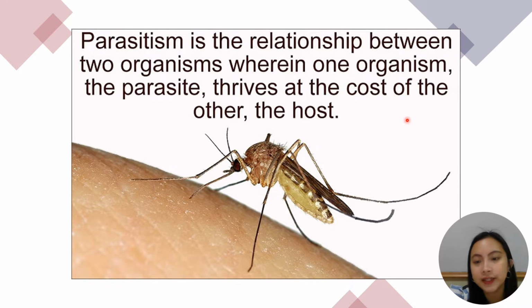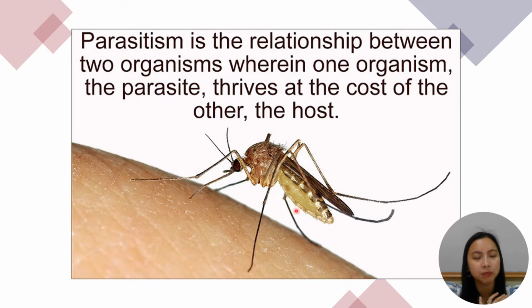One very easy example of parasitism is a mosquito biting humans. Remember that female mosquitoes feed on human or even animal blood, so they bite us through our skin so that they can suck blood.